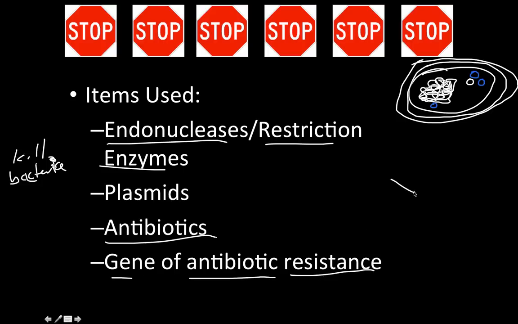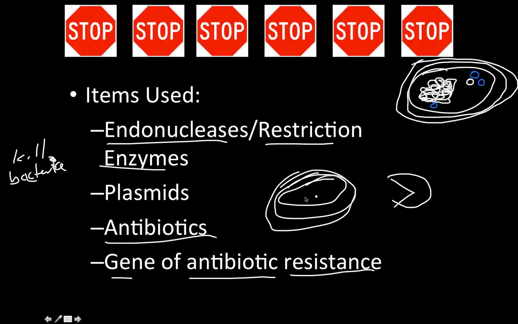So let's say that this Pac-Man guy right here is an antibiotic, and it's going to go over and take care of this bacteria cell. But this bacteria cell has a gene of antibiotic resistance. So the gene, which codes for a protein, will make the protein and provide some substance that's basically going to clog up the antibiotic, so the antibiotic won't work on the bacteria.